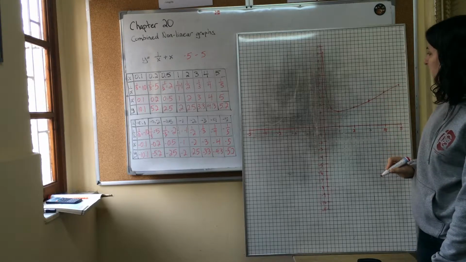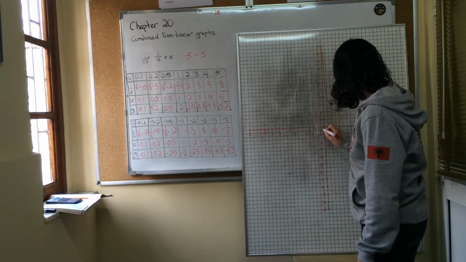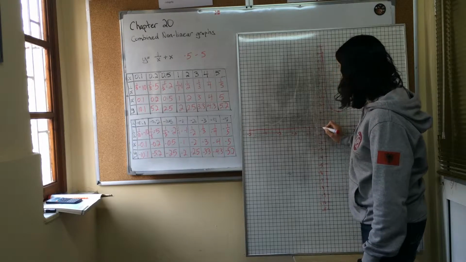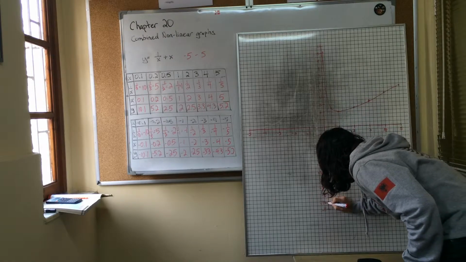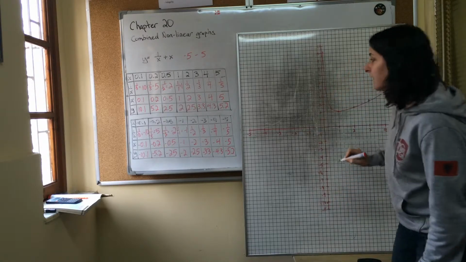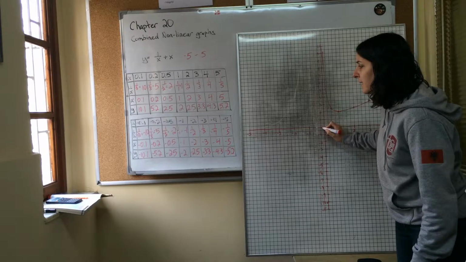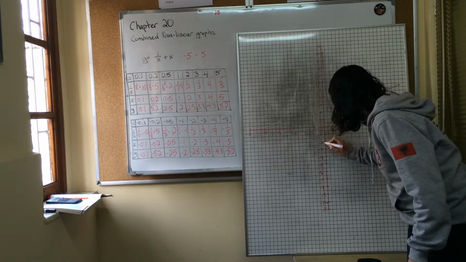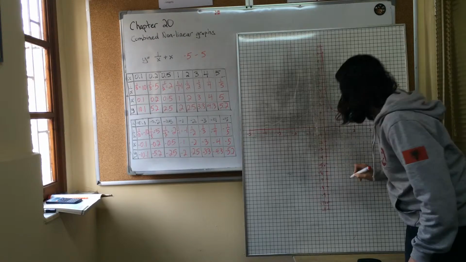And now we can look at the negative side. We have -0.1. That's a similar spot to what we had. And -10.1, so all the way down here. Okay, and then we have -0.2 and -5.2, something like this.